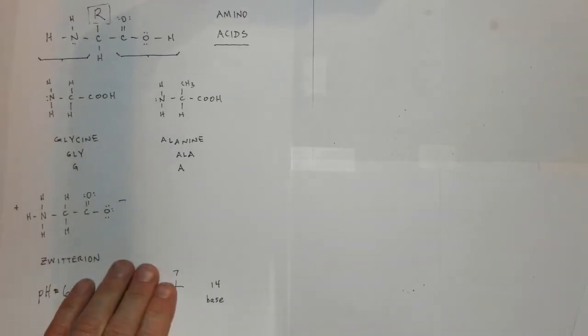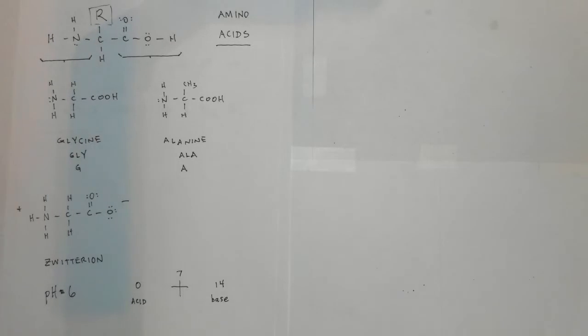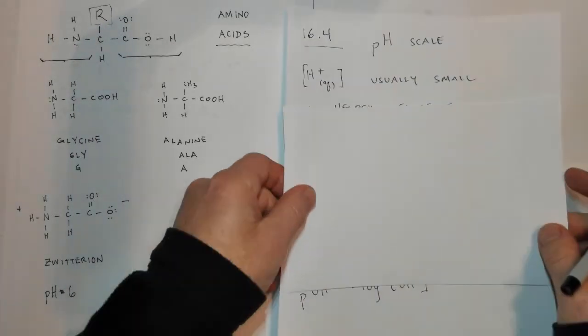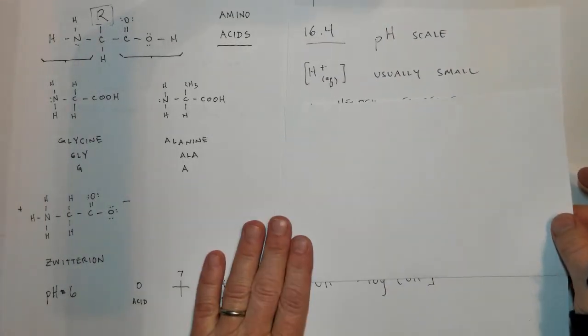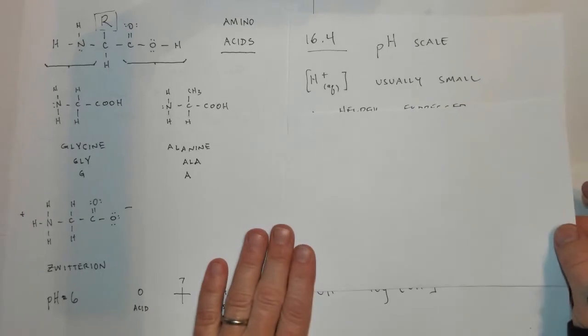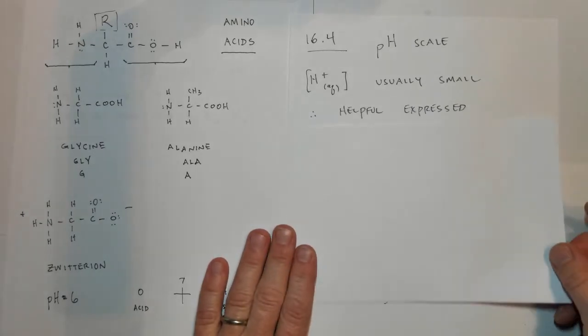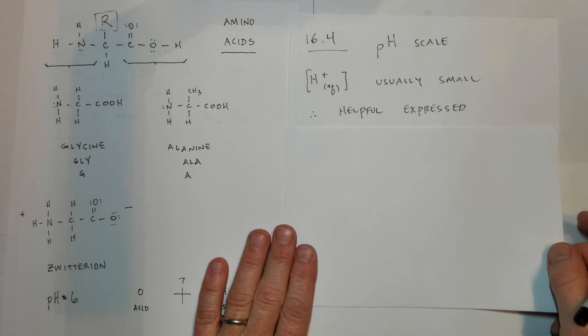So let's jump right in and let's look at this ranking scale. This ranking scale, of course, is called the pH scale, and the pH scale is dependent upon how much H plus ion there is in solution.